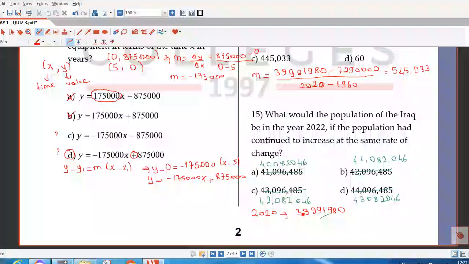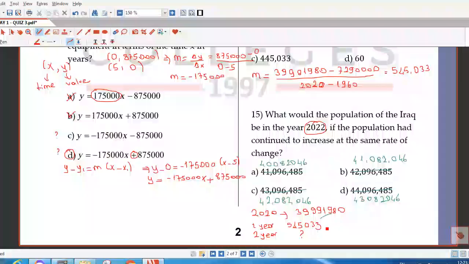You may write an equation and do substitution, but since we know in one year the population is increasing by the quantity 545,033, and since I started in the year 2020 and the next question is about 2022, how many years will have passed? There will be 2 years of change.